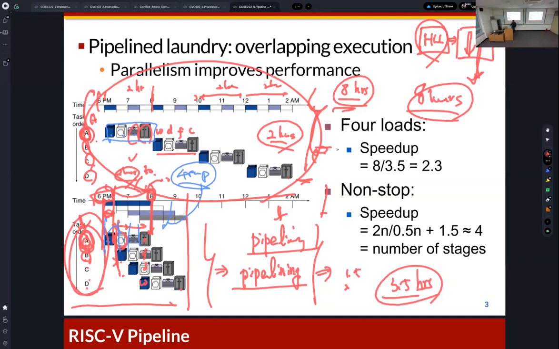And this is the analogy of pipelining. We just split the steps. We just split the required steps for executing instructions, right?